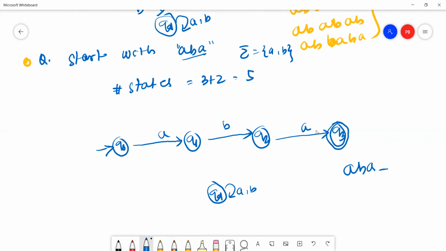If the first alphabet is B, it goes to the dead state.